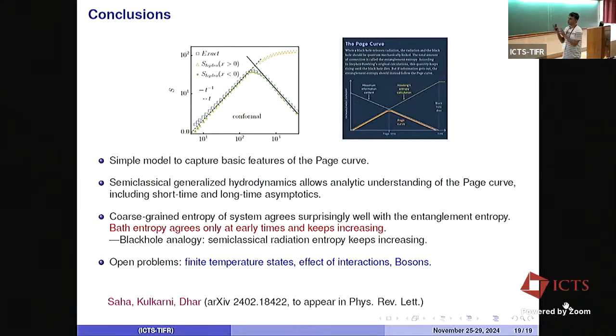Clearly it's not a model of black holes, and the physics is completely different, but one interesting observation is that in a semi-classical calculation, the entropy of the radiation, which in this case is the reservoir, is an increasing function of time, just like the black hole radiation entropy, while the system's entropy follows exactly the Page curve.